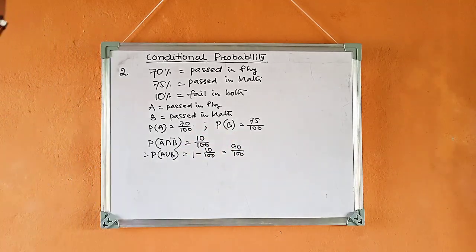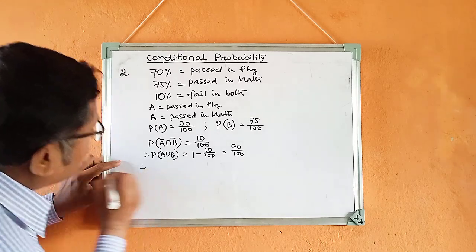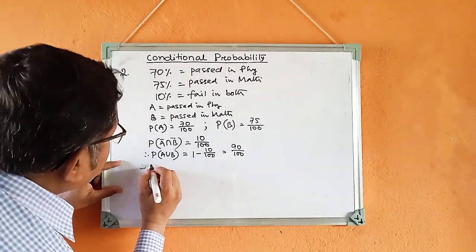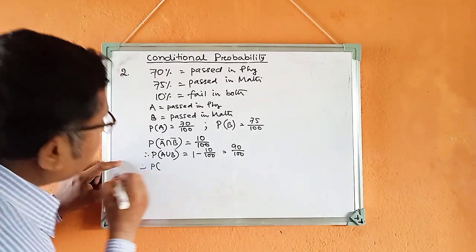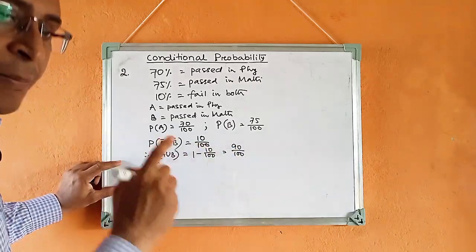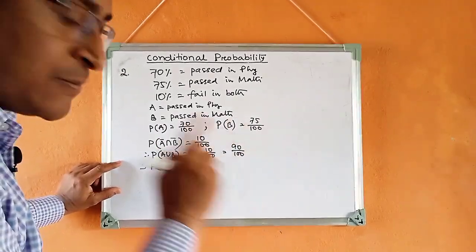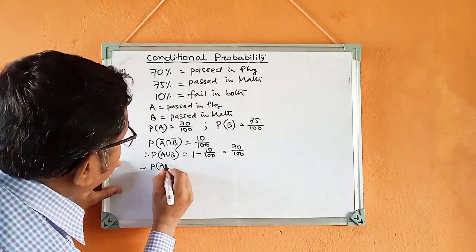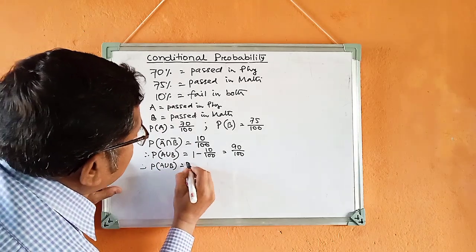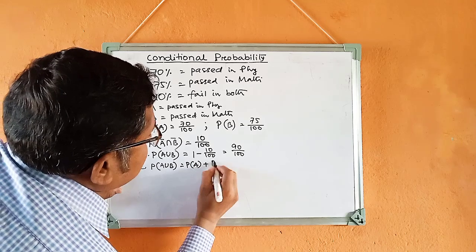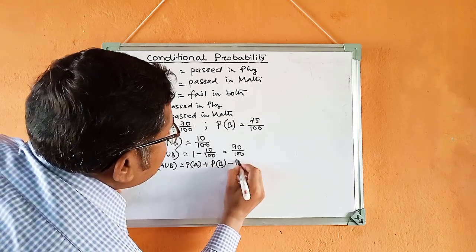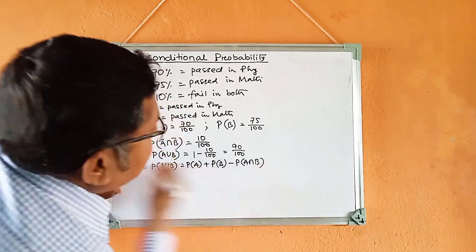Now, using the properties of probability, we find P(A intersection B), that is, passed in both subjects, mathematics as well as physics. P(A union B) equals P(A) plus P(B) minus P(A intersection B).